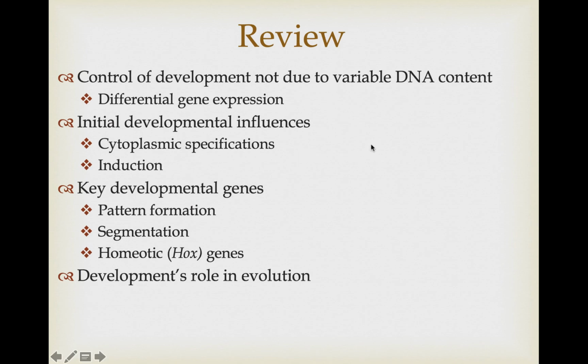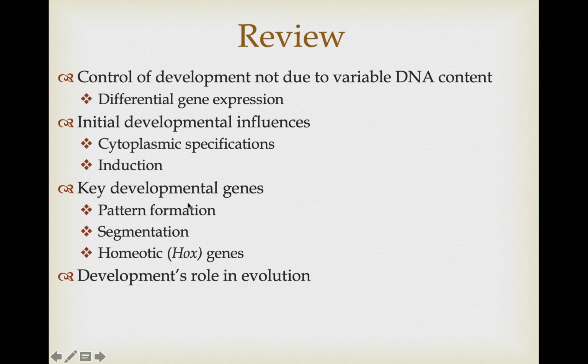Then we ended up talking about the genetic control of development. It's not due to different amounts of DNA content. It's due to differential gene expression. And that starts off with cytoplasmic specification and morphological determinants being located in different parts of the zygote and being partitioned into different cells during cleavage, and then cell-to-cell induction and communication. And all of these things lead to the differential expression of developmental genes.